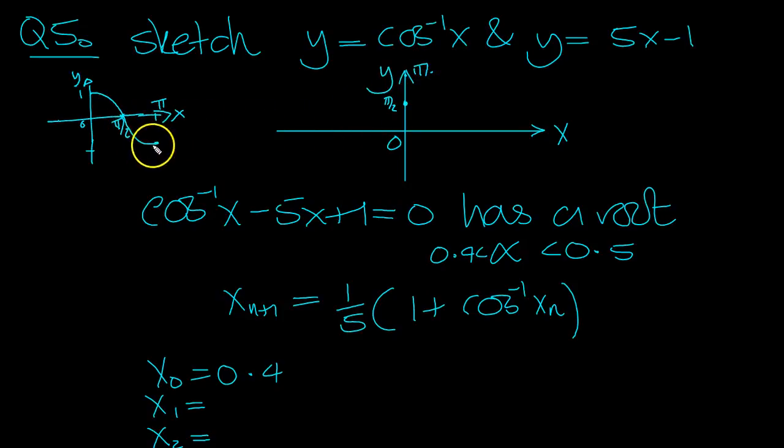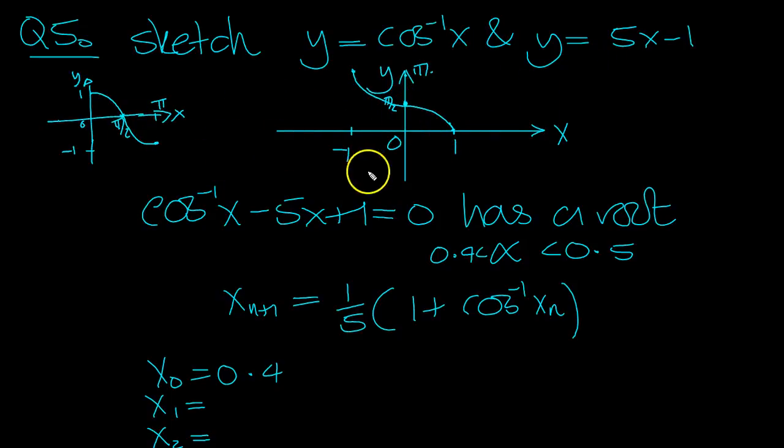So this point would be back at -1. And then it's going to come down like that. And this would be here at 1. So it's going to come down, go through there, and go through there like so. That's cos to the -1 of x.